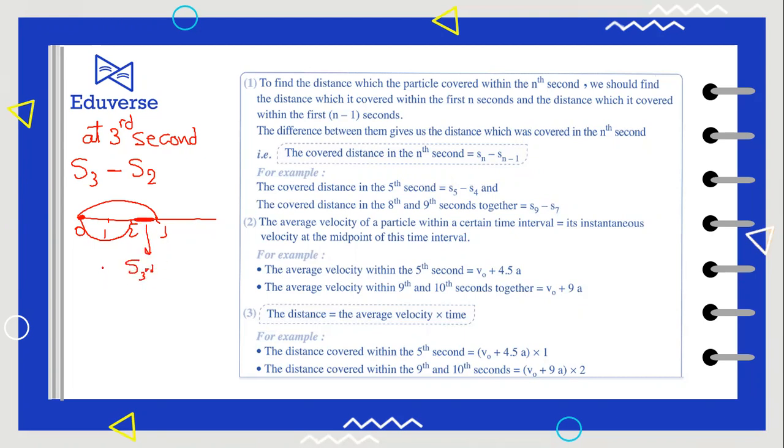In general, I can say that it is the distance of the bigger time minus the distance at the previous of the smaller. Previous of the smaller means before the smaller one. Here I have third: 3 minus 2.